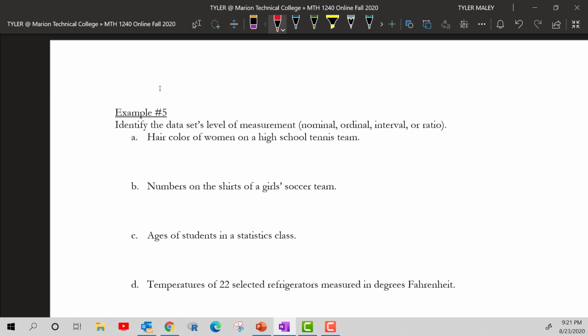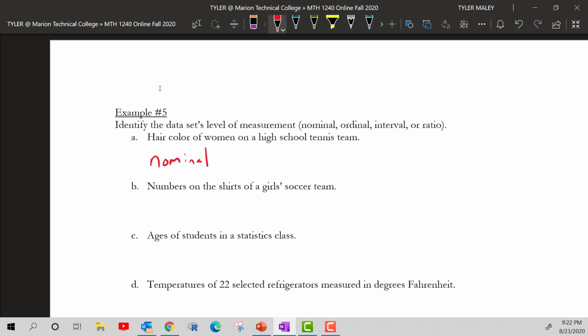So the first thing you want to ask yourself is, is that qualitative or quantitative? So that is qualitative, right? So our options are nominal or ordinal. So then the next question you ask yourself is, does order make sense here? And no, right? If you have blue hair or brown hair, it doesn't mean one's better than the other, right? There's no order. So this would be nominal.